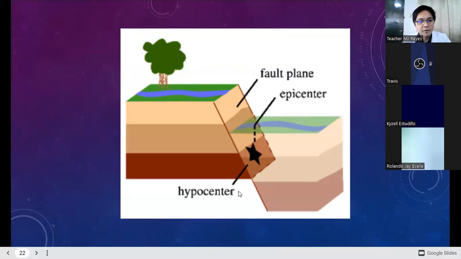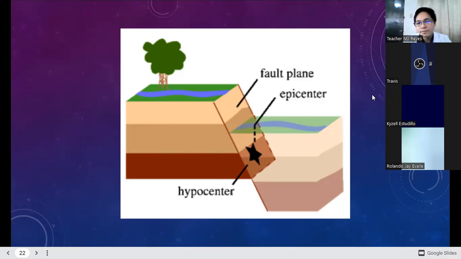As I said, your lessons are interconnected. All you have to do is to take down notes. In the illustration there, you can actually see the hypocenter, or the focus. Above the hypocenter is your epicenter. Simple concept. This is your fault plane.